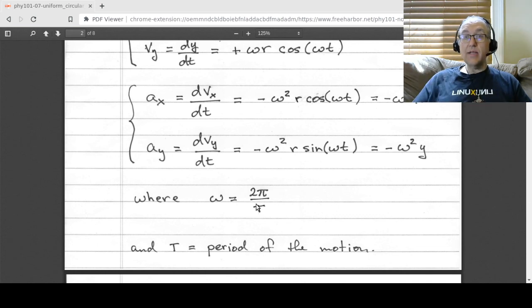How long did it take you to turn through that angle? Well, it was one complete cycle, so that's capital T, the period. And so if you take the angle through which you turn, 2 pi, and divide it by capital T, the time it took, that gives you the angular frequency, okay? Sometimes also known as the angular velocity, for obvious reasons. The words are synonymous, but I don't want to overload you with too many terms, okay?